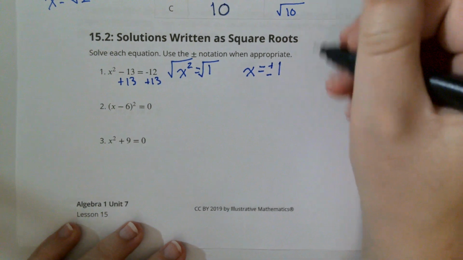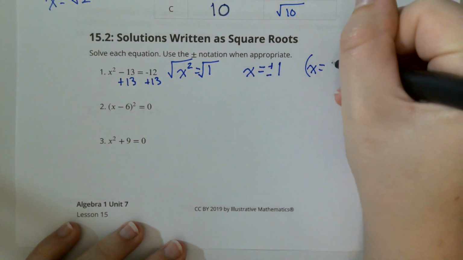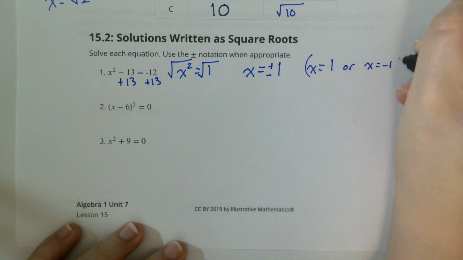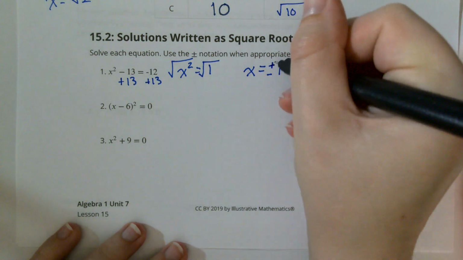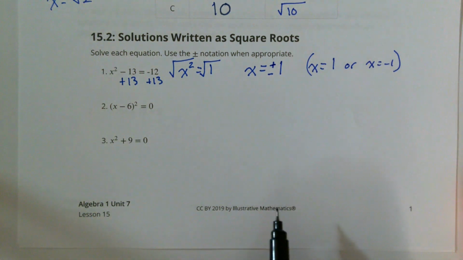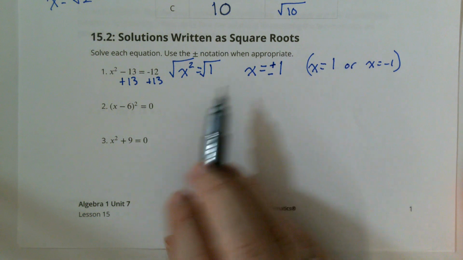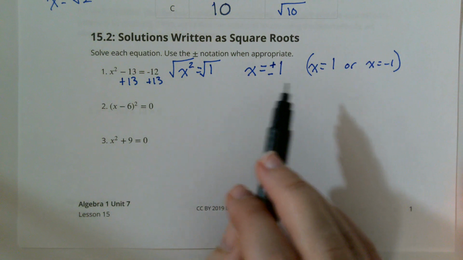So it's the same as saying x equals 1 or x equals negative 1. But you can just do plus minus 1 like this as sort of a shorthand way to do that. So remember, if 1 squared gives us 1, then negative 1 squared will also give us 1.